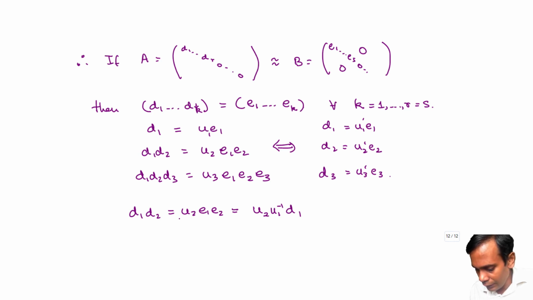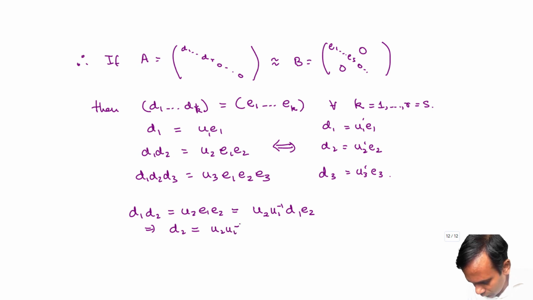And now in a Euclidean domain you can cancel, so this means that D2 is some unit U2 U1 inverse times E2, which means that the ideal generated by D2 is equal to the ideal generated by E2, and so on. So this proves the uniqueness of the Smith canonical form.